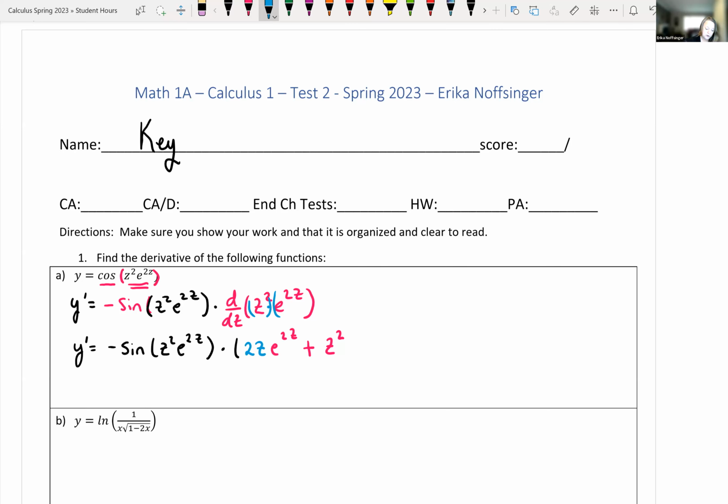So when we're using the derivative of e to the 2z, again, we need to use the chain rule, which says take the derivative of the exponent, which is 2, times the original function itself, which is e to the 2z. I was okay if you left it like this. You could, if you wanted to, distribute, but I was good with that.